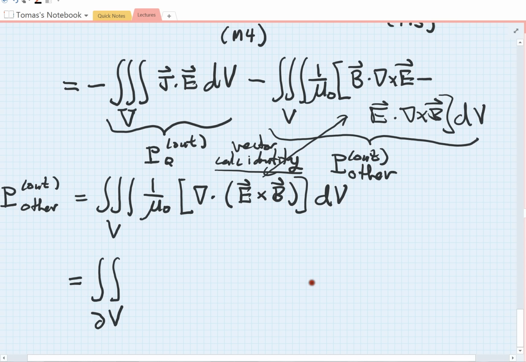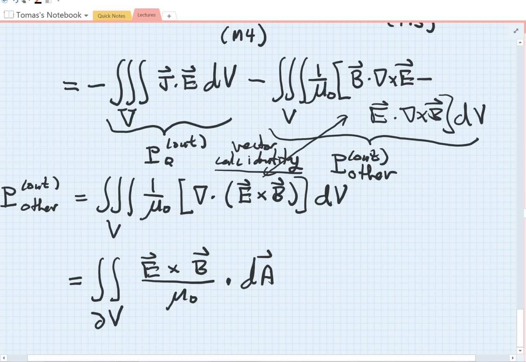So what's left is dA. And now I've undone one derivative, so what I'm integrating is E cross B over mu naught. Don't forget my constant factor of mu naught. That E cross B, of course, is a vector, and my answer here, power, is a scalar. So what the divergence theorem says is, to get this back to being a scalar, it's integrated dot dA.